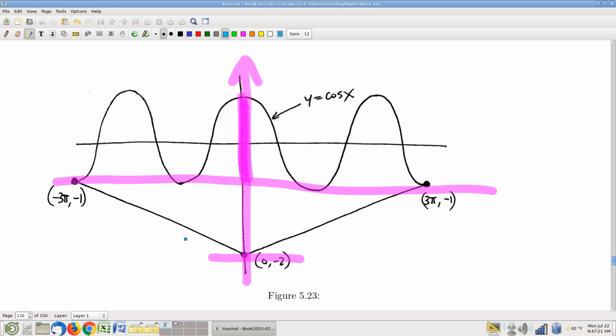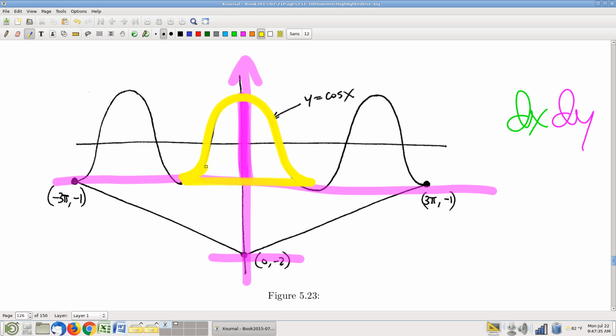Doing our dy integral on the outside, right, and proceeding along, let's look for our x bounds, and let's focus our attention just on one of these little regions. Just on this one region, right? This little bell-shaped thing here.